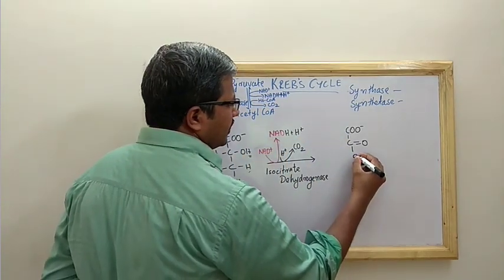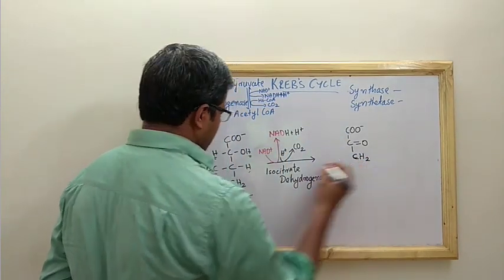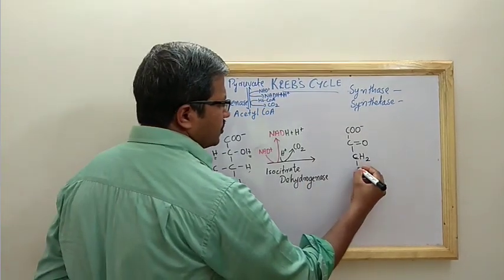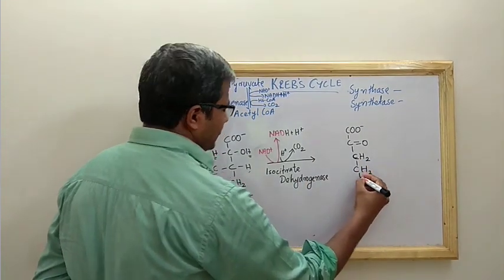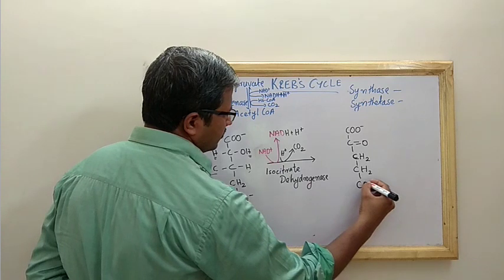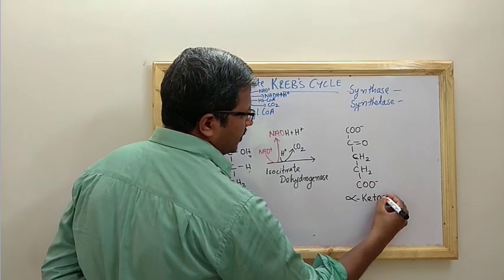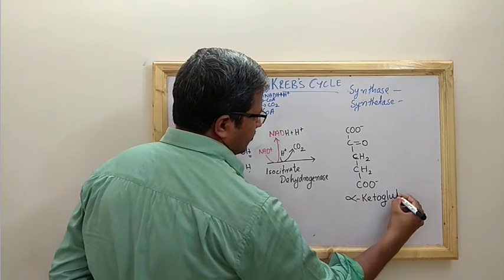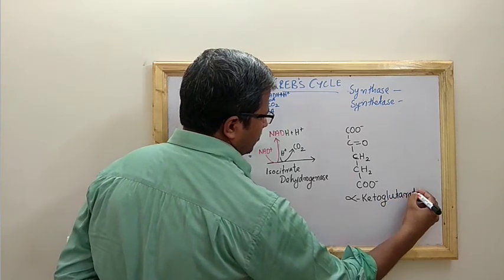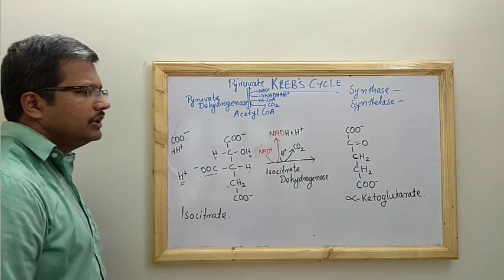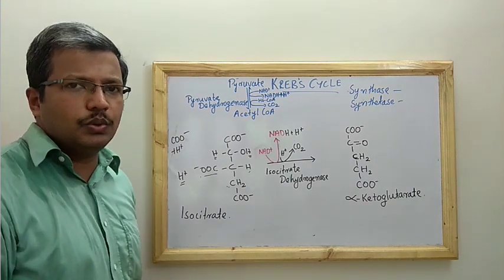So CH2, and what is remaining here? CH2, and then COO minus. This is actually the alpha ketoglutarate. So this is the alpha ketoglutarate.